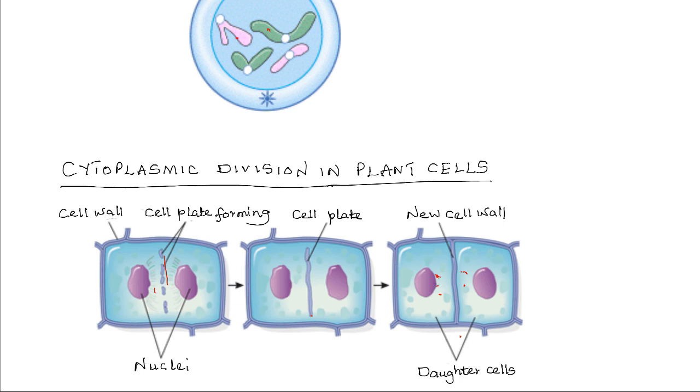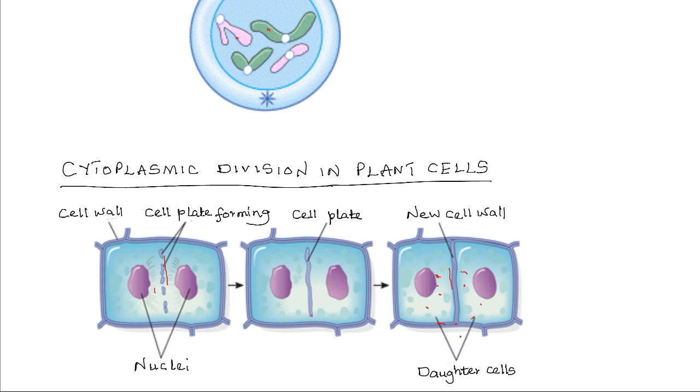Once the cell plate has formed and completely divided the two cells, then new cellular wall materials are deposited, thereby completely separating the two nuclei and the two masses of cytoplasm into two.